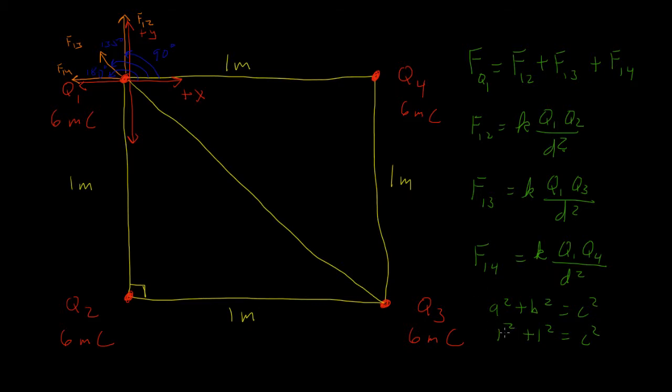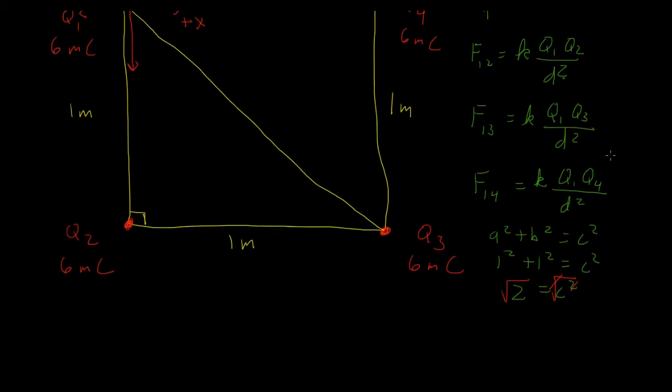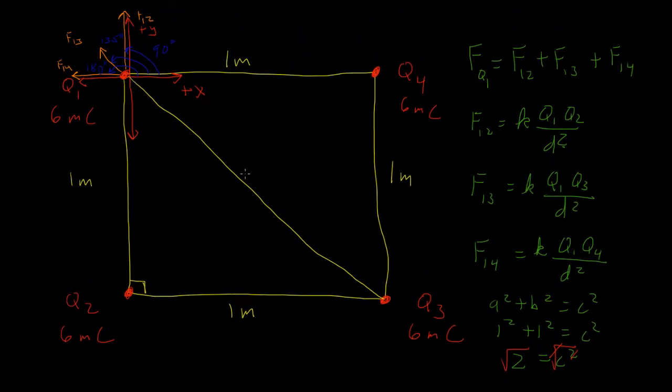So 1 squared is 1, 1 squared is 1, so 1 plus 1 is 2. I just need to take the square root of both sides to get c by itself. The square root will cancel the square, and we get the square root of 2 is equal to c. So this length here is the square root of 2.